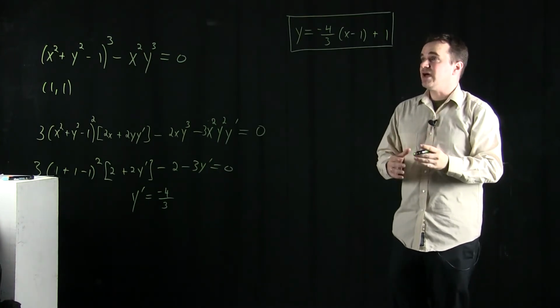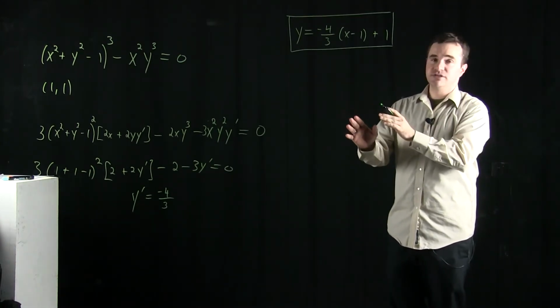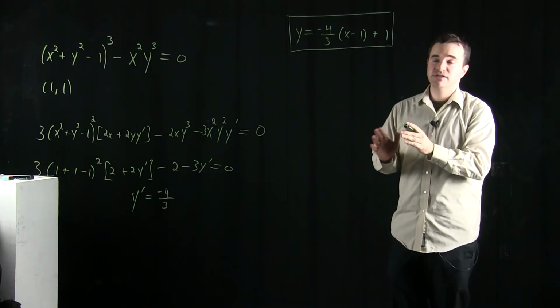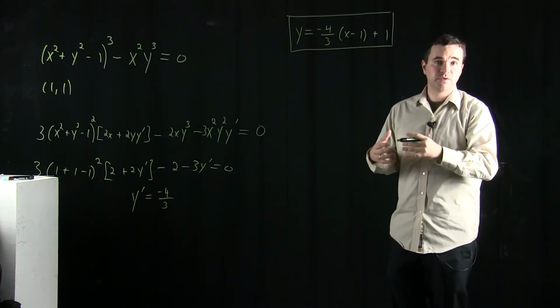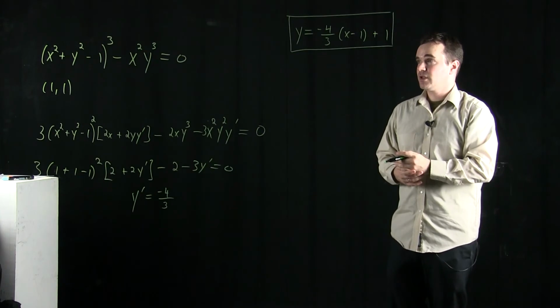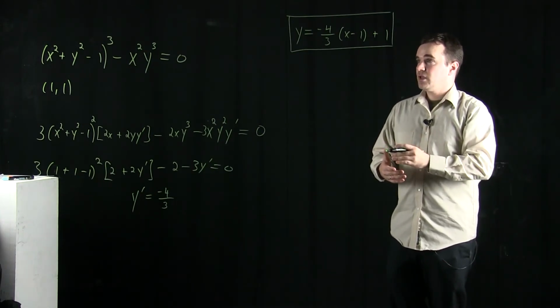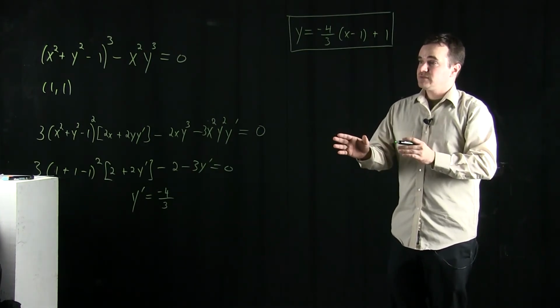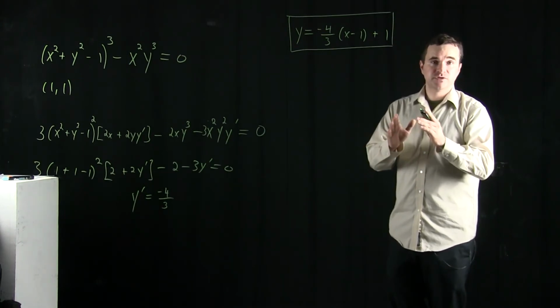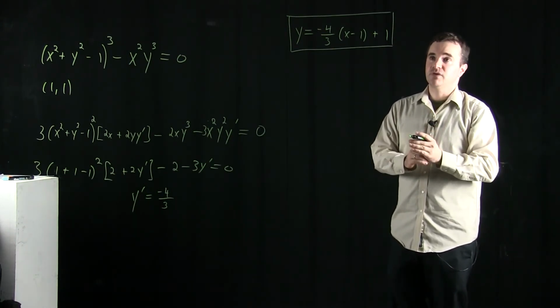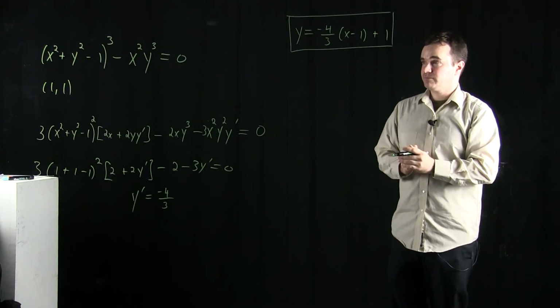And to briefly recap, the idea is you start with an equation that implicitly defines y as a function of x. You never know the explicit formula, but you don't have to. You're given a point, and you want to find the slope so that you can use the point-slope formula in order to find a formula for the tangent line.